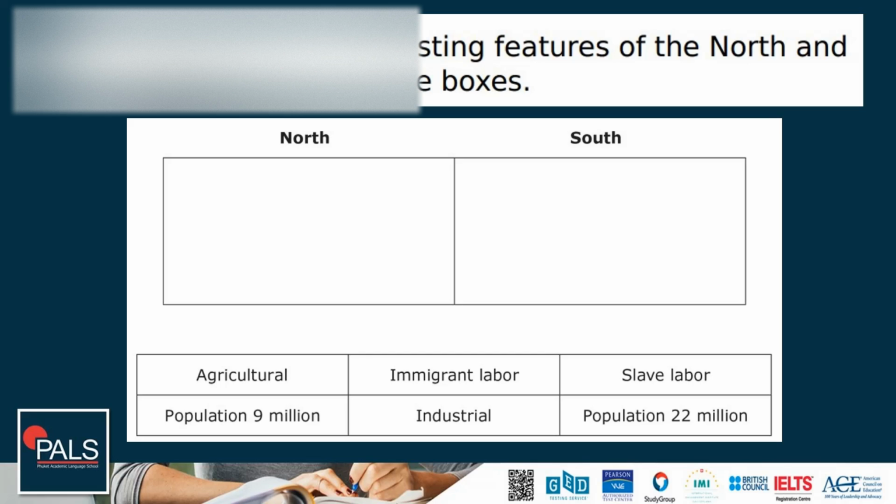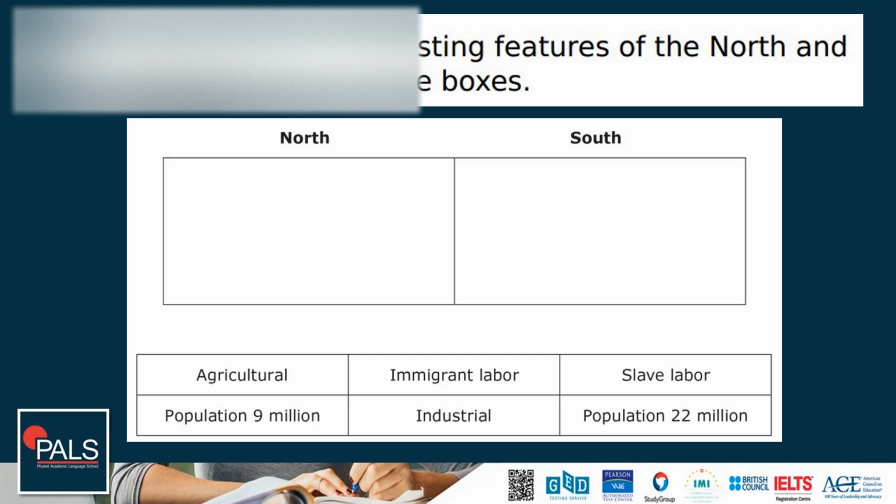Make sure you study that U.S. history thoroughly the first time and then review before the test. So we have the North on the left, South on the right. On the bottom we've got 6 boxes talking about different types of labor, development, and population. Go ahead, pause the video, decide which of those boxes in the bottom fit the North and which fit the South, and then let's talk about it.